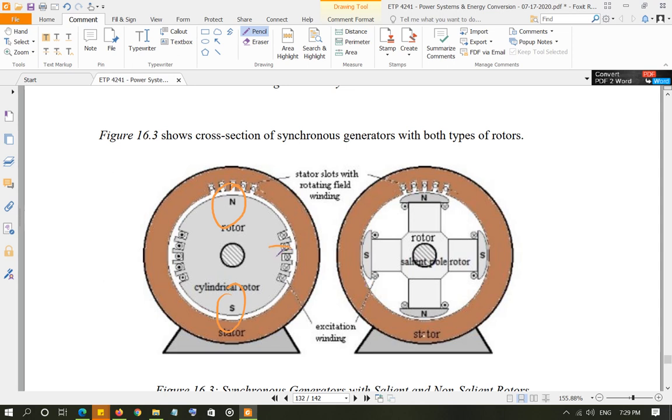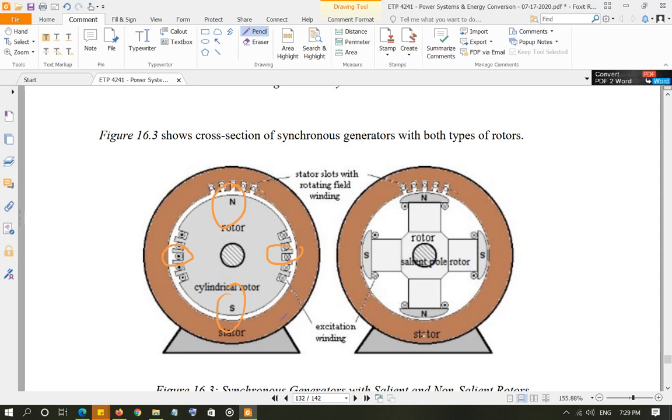You can also have one more pole on this side, but it is not very easy to infuse more poles because this is one piece. The whole thing is one piece, so everything is connected. So it is not very efficient, or it is not even possible to infuse more poles on this cylindrical rotor.